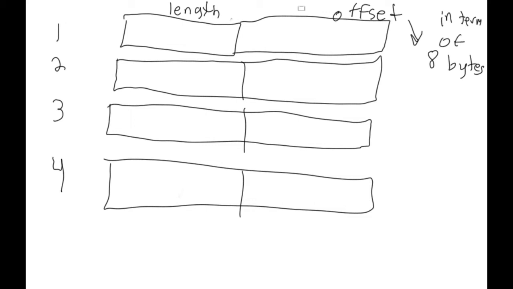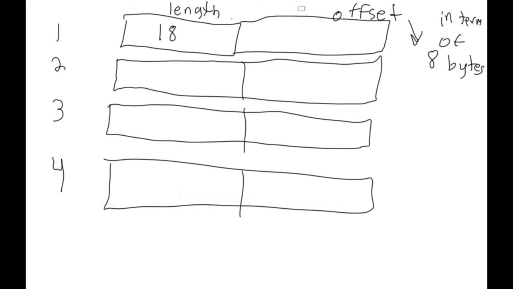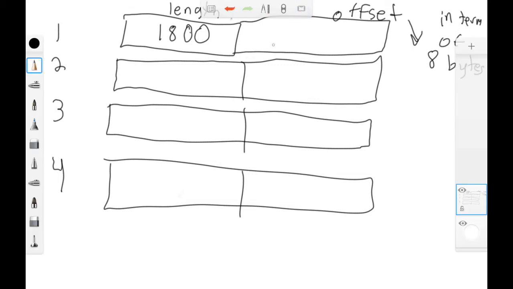So my length. I know that my IP length for the first fragment is going to be 1800, because the MTU says that the most I can transfer in this fragment is 2000, and, oh whoops, wait a second, my math is off here.